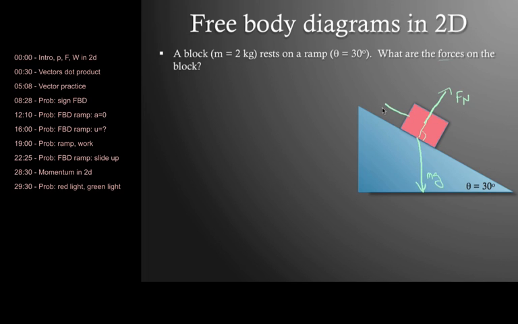I also have, if there's friction, some frictional force opposing the motion that this block wants to slide on. So let's go ahead and find out what this Fn is and what this frictional force is.